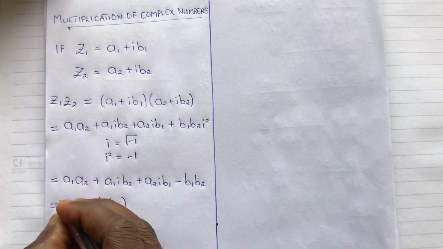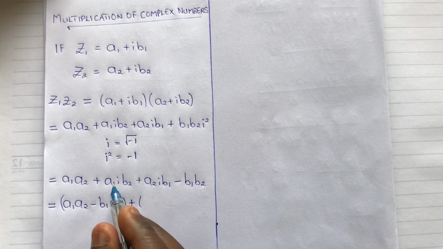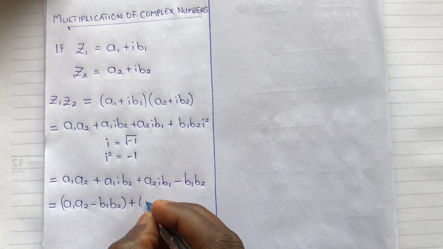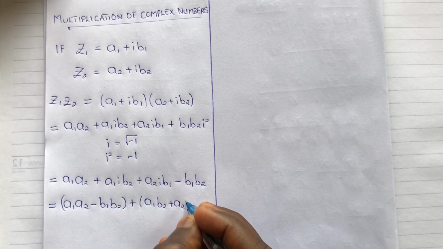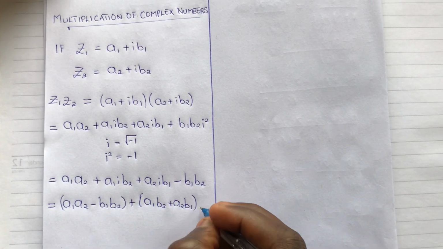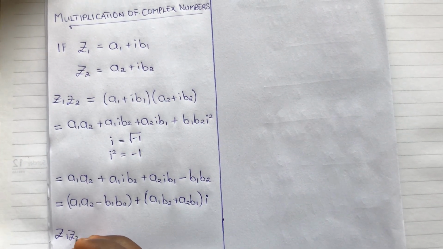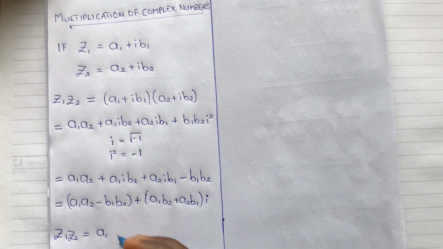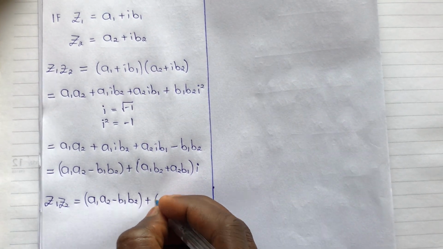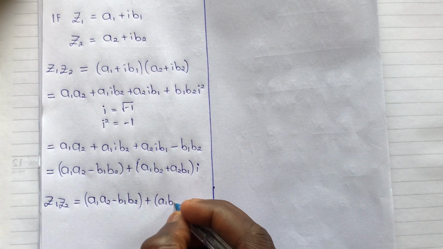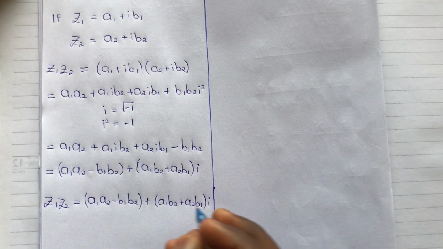Now let me put it in brackets to separate them, and I'll factorize i because it is common, the imaginary notation. So I am getting (A1B2 + A2B1) multiplying i. Therefore the product Z1Z2 is giving us (A1A2 - B1B2) + (A1B2 + A2B1)i.